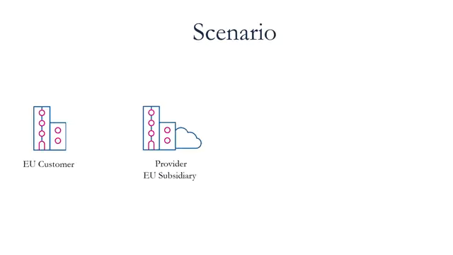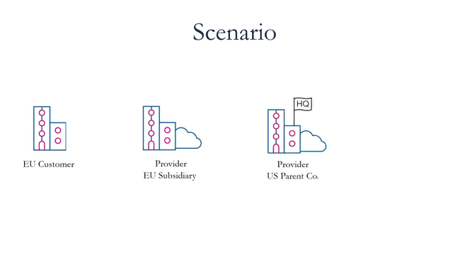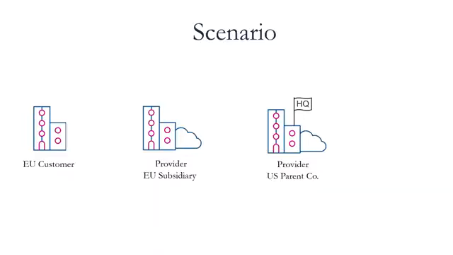And so in our scenario, we have a customer that is established in Europe, right, within the EU, and they use the cloud services of a cloud provider that is the subsidiary of a US parent company, right? So we might think about, say, a company established here in Brussels that uses Microsoft Cloud Services, and they contract with Microsoft Ireland.